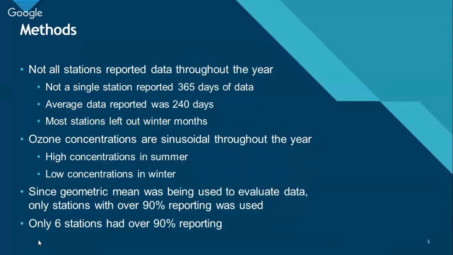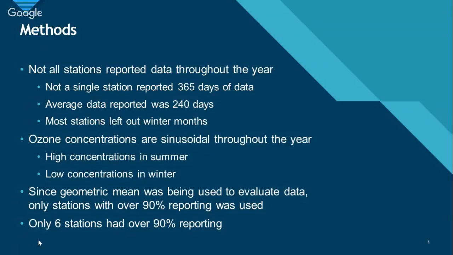If we used all of the stations, we would get artificially high geometric means. By leaving out the winter months of December, January, February, and March, the data set would be artificially high because those months represent the lowest ozone concentrations throughout the year.